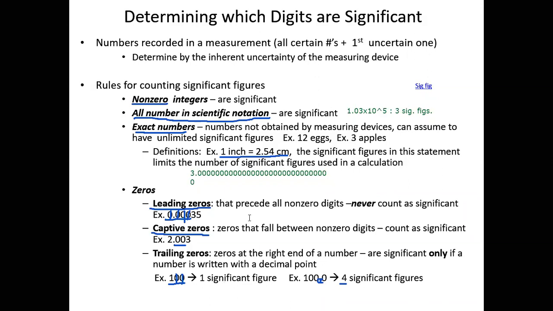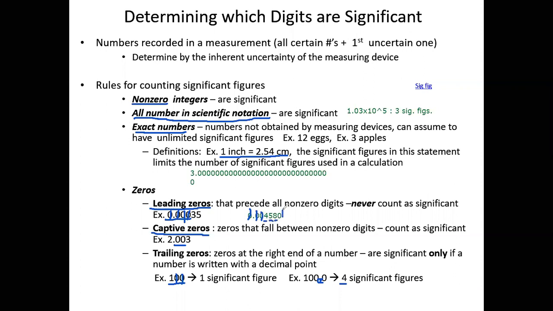Likewise, if we go back to numbers less than 1, let's say we had a number less than 1 that's 0.004580. So again, the leading zeros are insignificant. Non-zeros are significant.